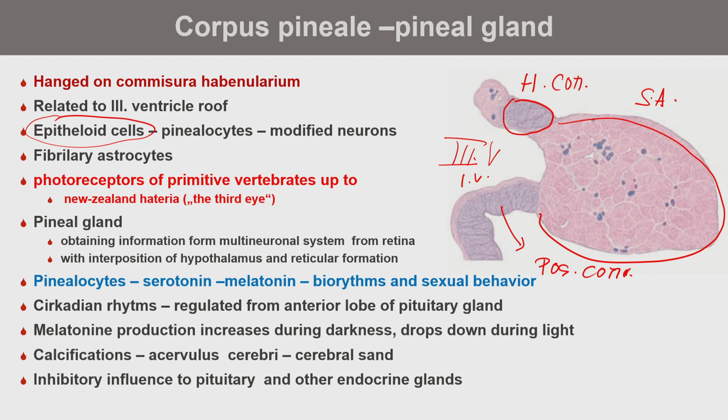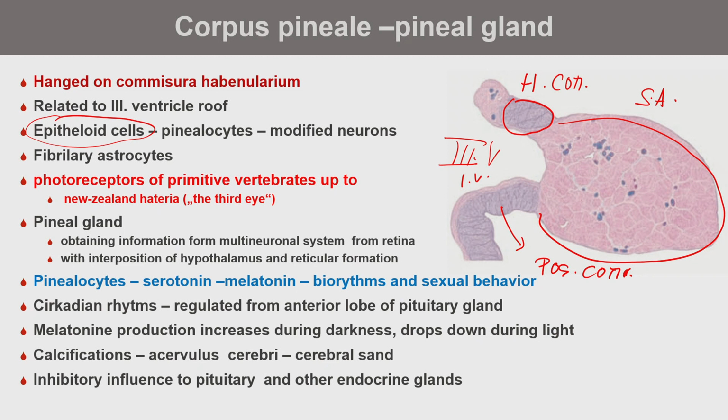So we can then distinguish here some important tumors, and you will hear about them in pathology, which are called pinealoblastoma. Pinealoblastoma is related to pinealocytes. It's a very aggressive malignant embryonic tumor. Or you can see here also glioblastoma, the tumor which is related to the astrocytes.